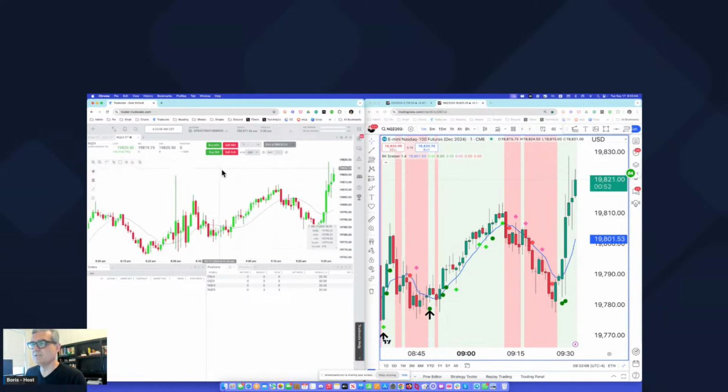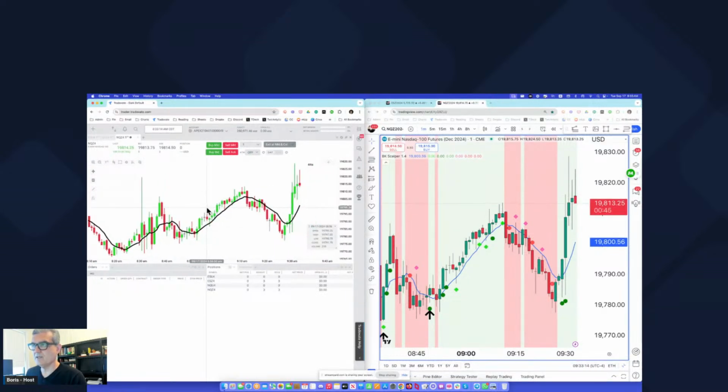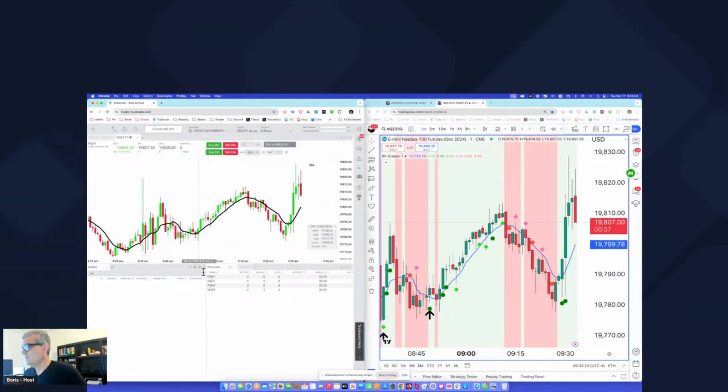I'm going to have to just redo all my settings, and I'm going to have to go to template. This is NQ scalp. Okay. All right.